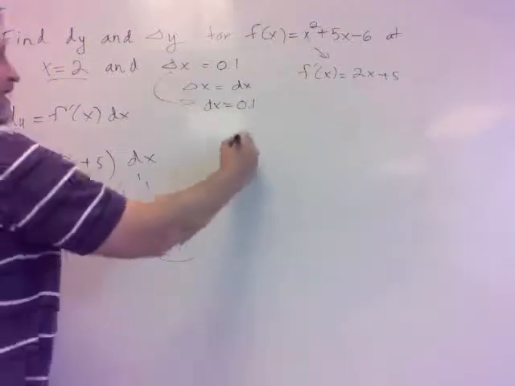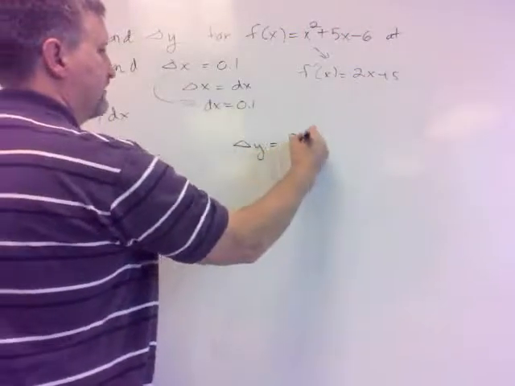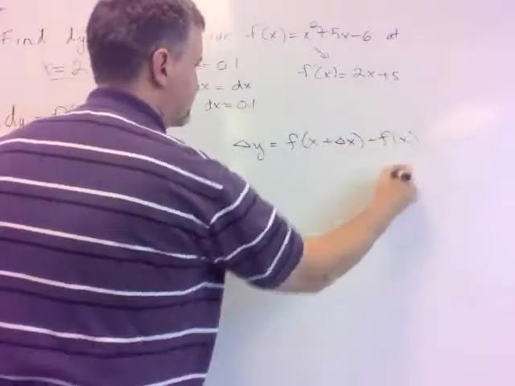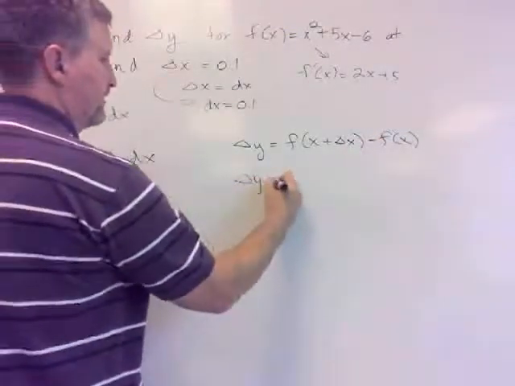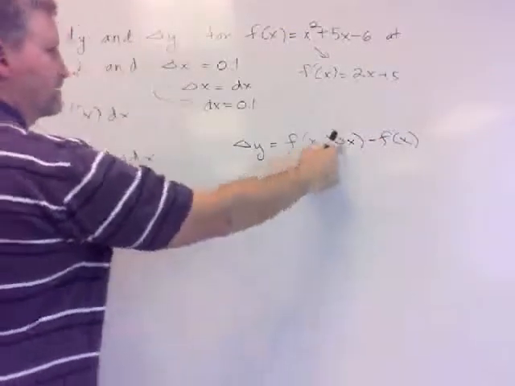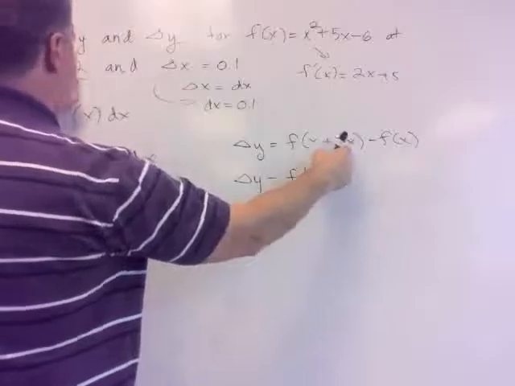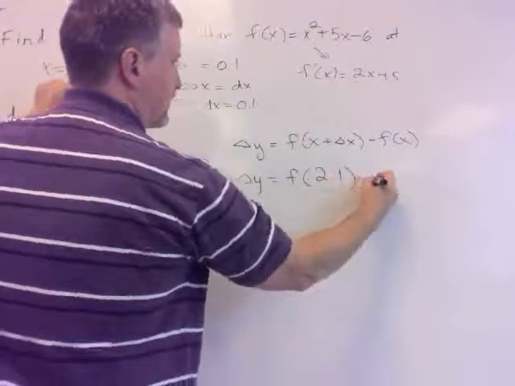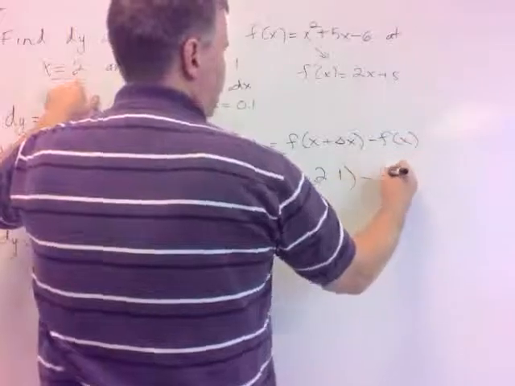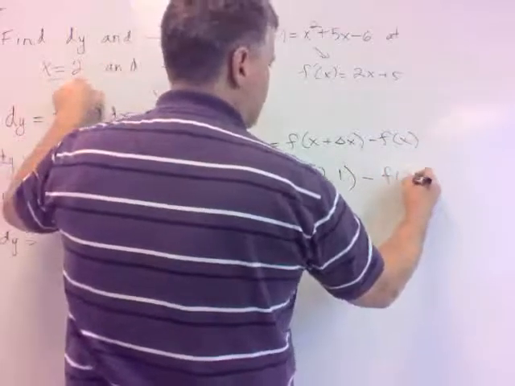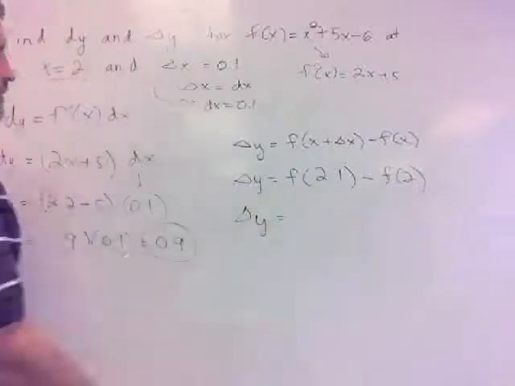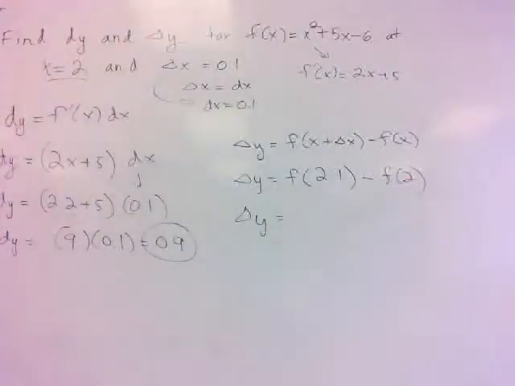All right, delta y. Well, delta y is f of x plus delta x minus f of x. What does that work out to be here? Well, x is 2, delta x is 0.1, so x plus delta x would be 2.1. Minus f of x, that'd be f of 2. So for delta y, I'm just going to do f of 2.1 minus f of 2.